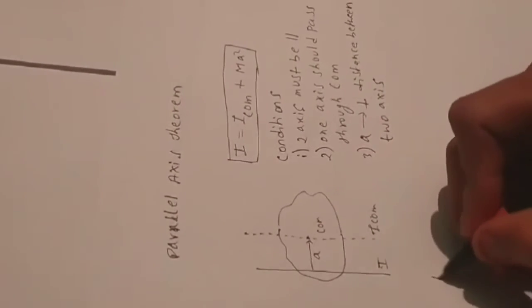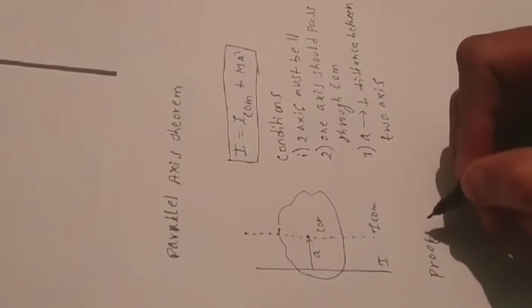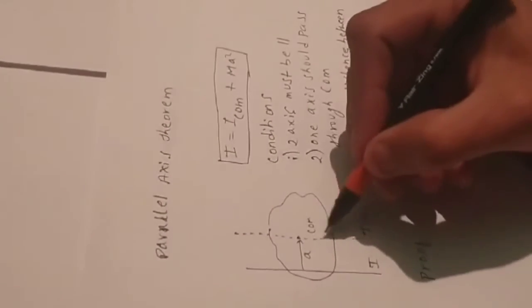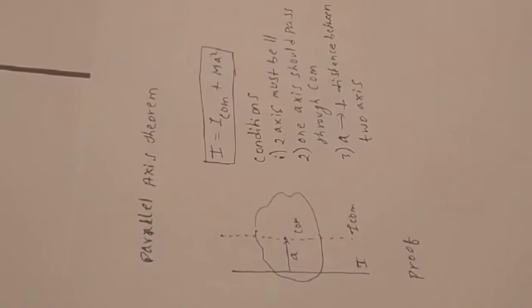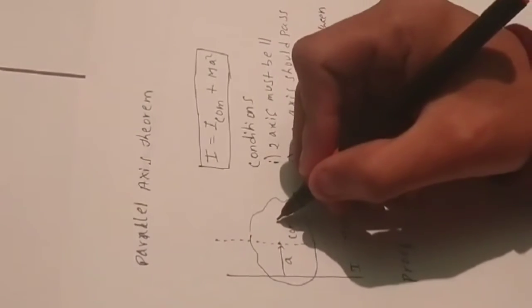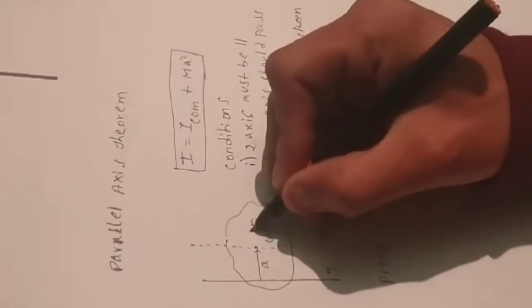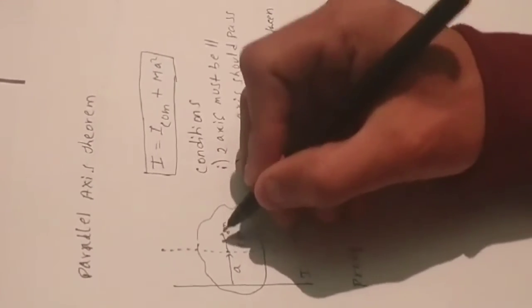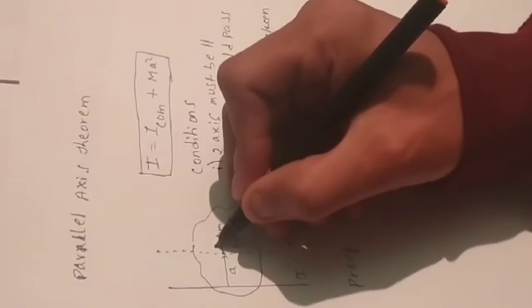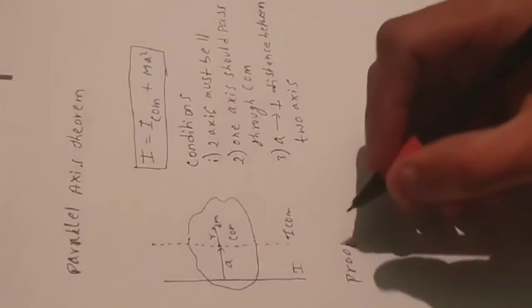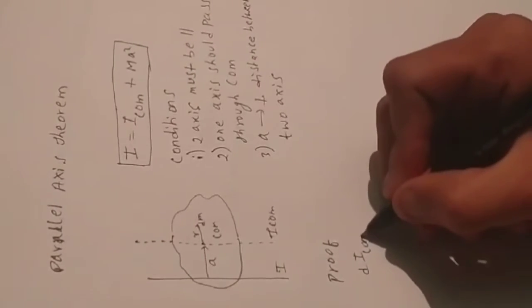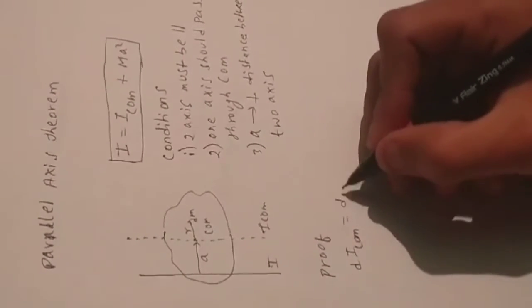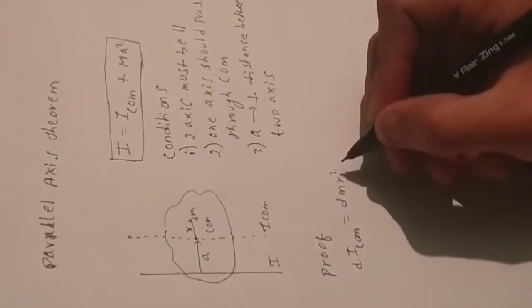So, the proof. First, let us consider a small mass dm right here, and the distance between dm and the center of mass, let us call it r. Then dICOM equals dm r square.